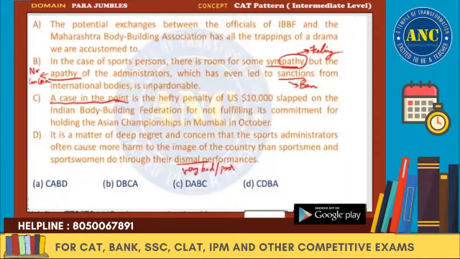And then you're talking about so D, you're saying that this is what happens. Administrators cause harm than sports people. In B, he's saying in case of sports people, there is room for some sympathy. But for administrators, that is not the case, which has even led to sanctions from international bodies. A case in the point. And now, if you look at B and C together, also it makes sense, because in B, he's talking about how administrators' apathy has caused some kind of sanctions or bans.